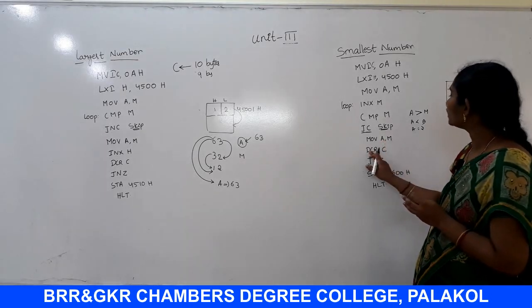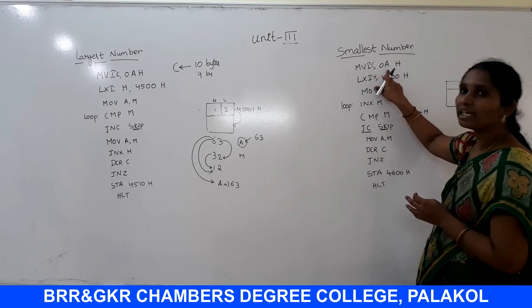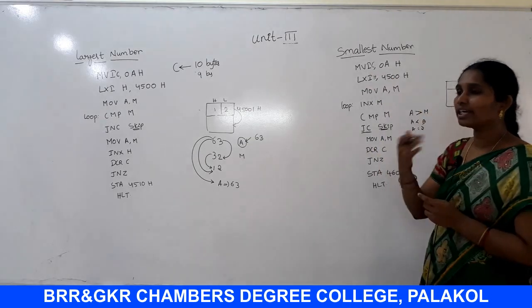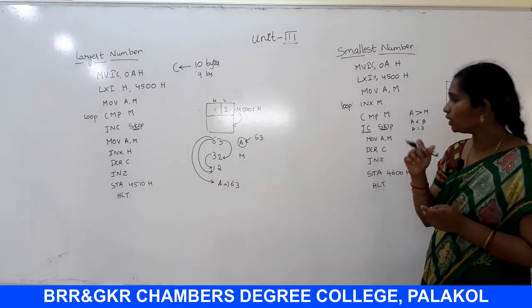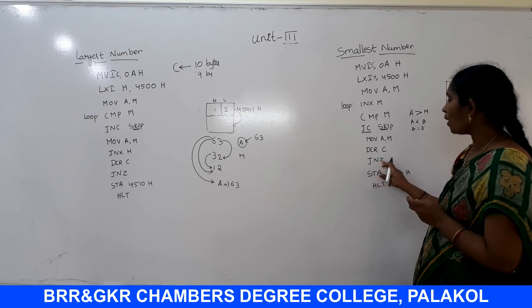After that, decrement C. Initially 10 bytes of data are there, so decrement makes it 09. The next one is jump non-zero.